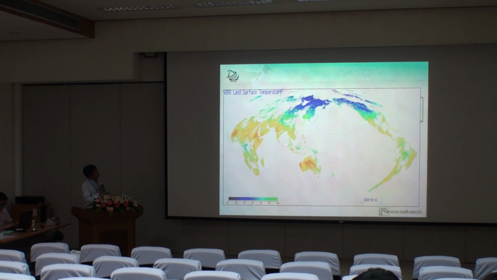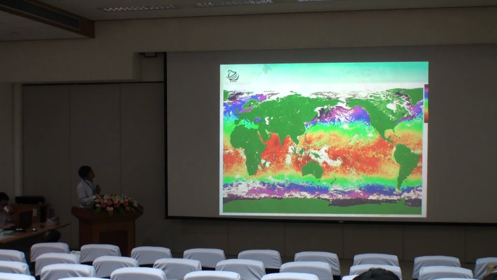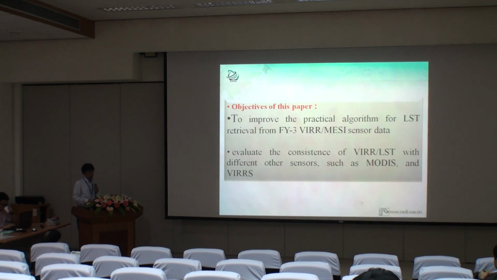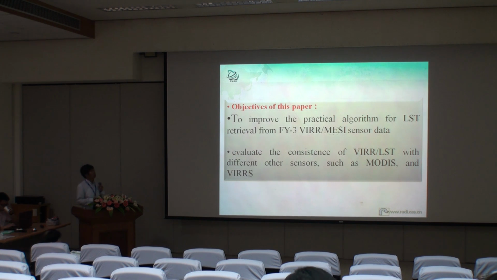This is an example of the land surface temperature retrieved from the VIRR global data in 2009, and this is the global sea surface temperature retrieval from the Fengyun 3. The objective of this paper is to improve the practical algorithms for land surface temperature retrieval from Fengyun 3 VIRR and MERSI sensor data. Another objective of this research is to evaluate the consistency of the land surface temperature from different sensors, such as the MODIS and the VIRR together.